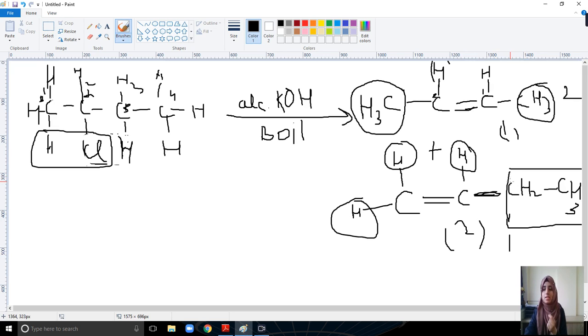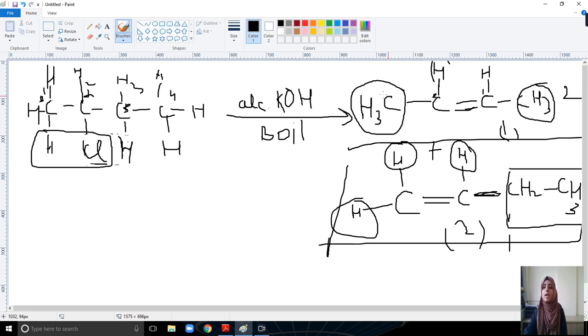So according to the Saytzeff rule, the product with more alkyl groups is the major product. So this one is the major one, the more substituted alkene, meaning more substituents are present: 2 substituents here, and only one substituent in the other. So the second product is minor and this one is the major product.